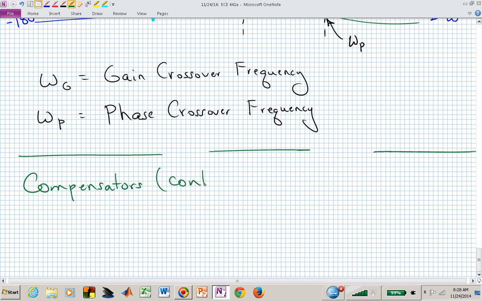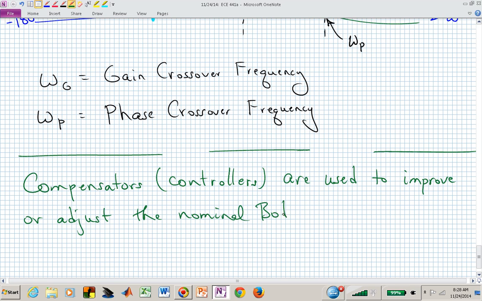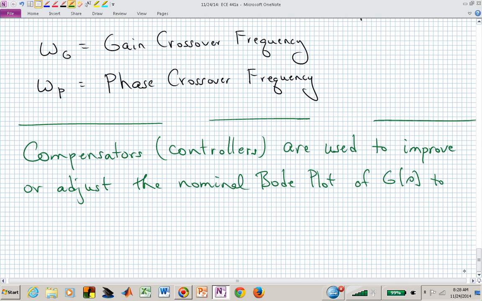Compensators or controllers are used to improve or adjust the nominal Bode plot of G of s to improve the gain margin and/or the phase margin.